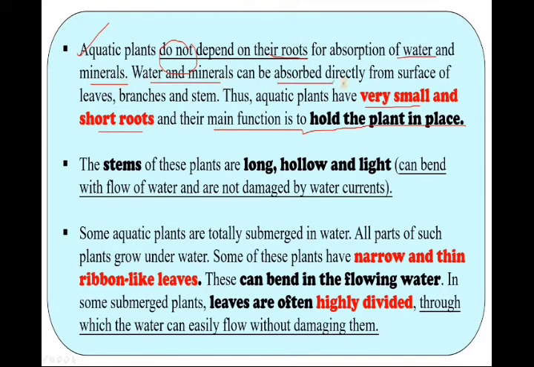Automatically it is always submerged in water, no? So the root only holds the plant in place, just for holding. That is the purpose of very small and short roots, just to fix on the soil.